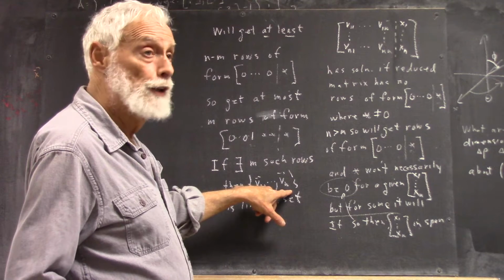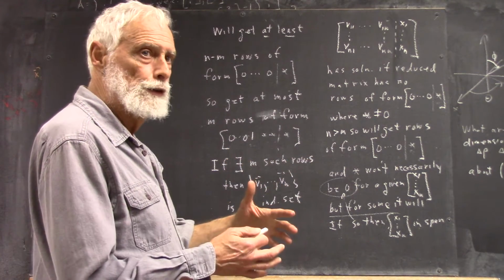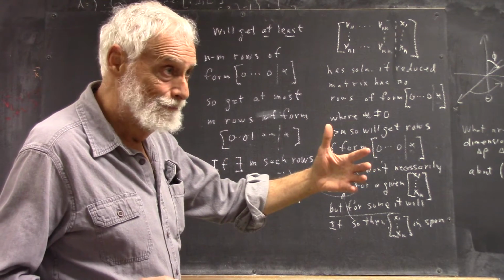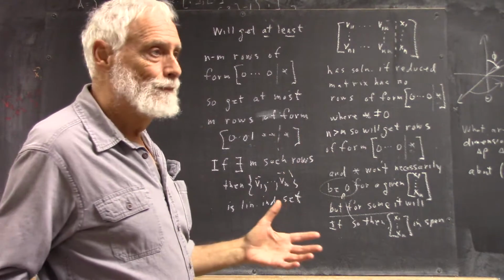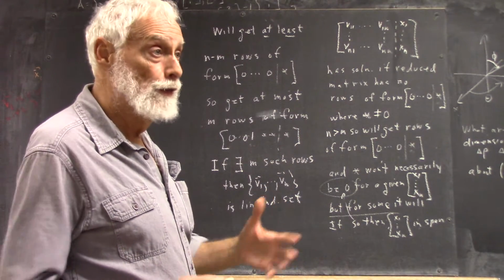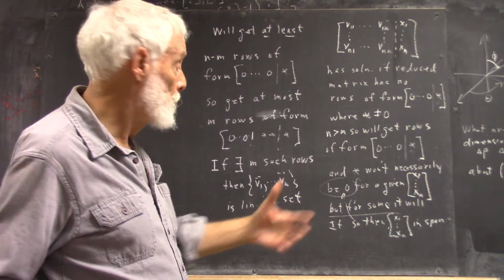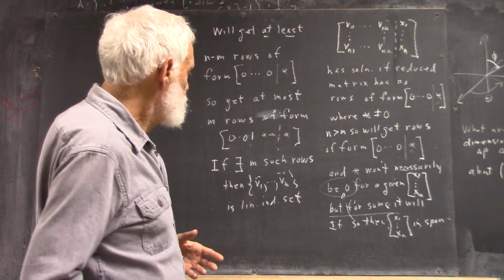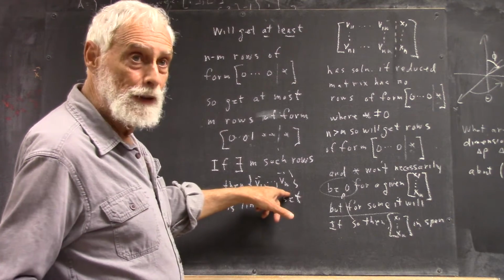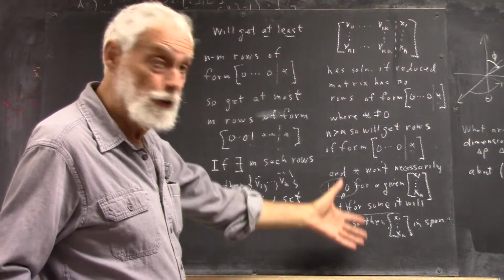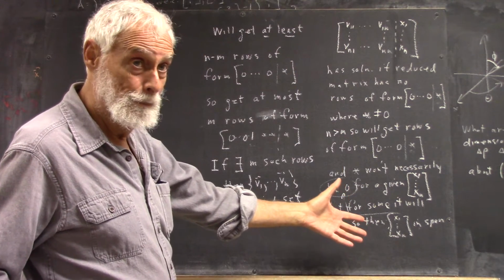You could think, for example, of 3 vectors in R5. R5 is 5-dimensional. It requires 5 linearly independent vectors to span it. But if we've only got 3 of them, it won't span all of R5. That's what all this shows.